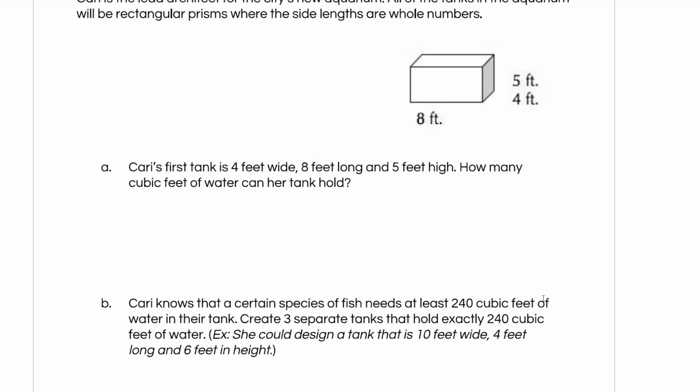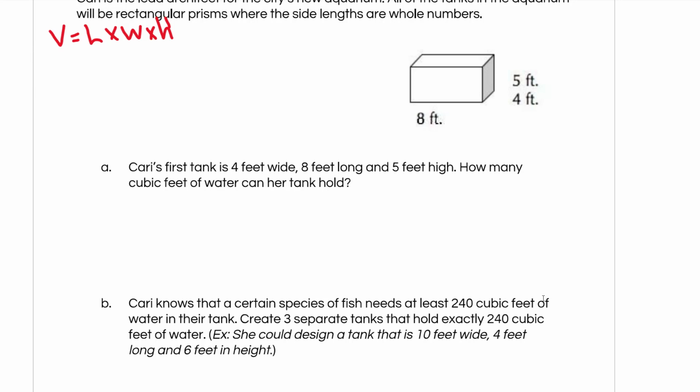Okay, so the way that we find volume, remember, is volume equals length times width times height. I was just messing with Mr. Schmidt. Let me make that an H like that. Okay, so what is the length?